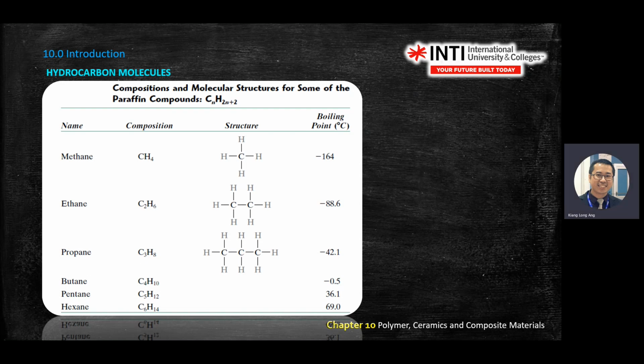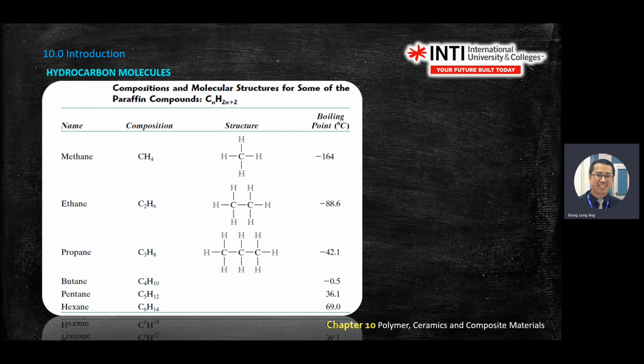So this formula is important. CnH2n+2 is important for hydrocarbon analysis later. The boiling point, all this you can refer to the graph if this question comes up in your final exam.